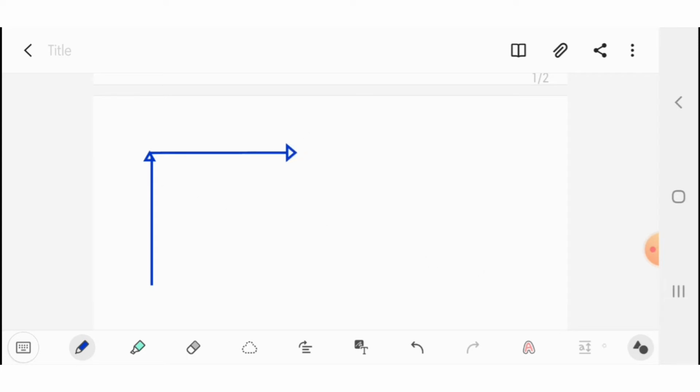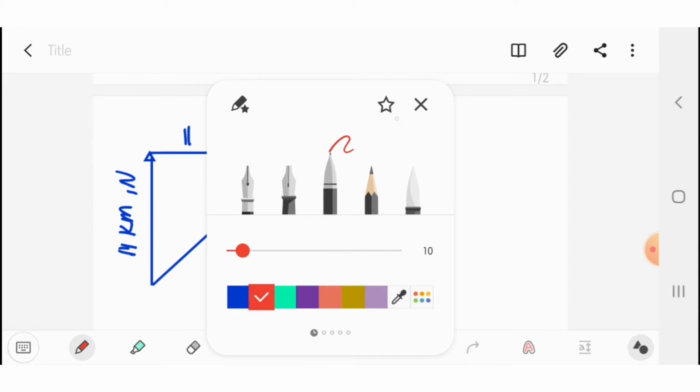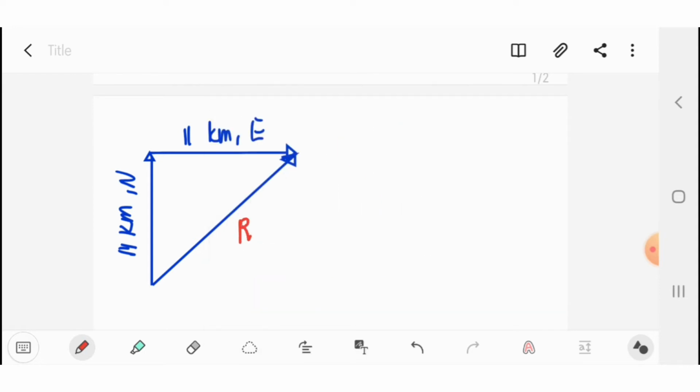This is 11 kilometers north, and this is 11 kilometers east, and we are going to find the resultant. The resultant is from the starting point until the end point. This is now our resultant, or let's say letter R.